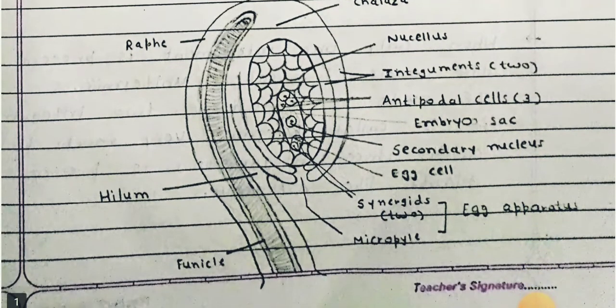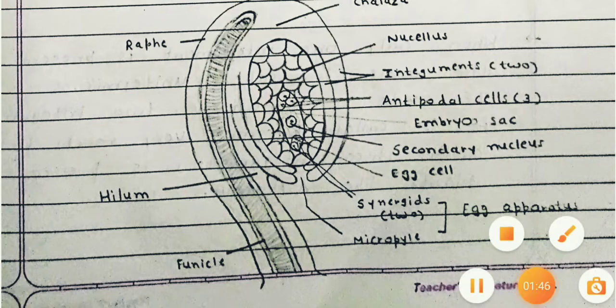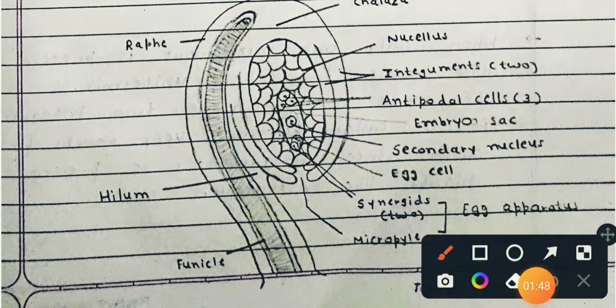Here in this figure you can see the ovule is attached here with a slender stalk-like structure. So this slender stalk-like structure is known as funicle.